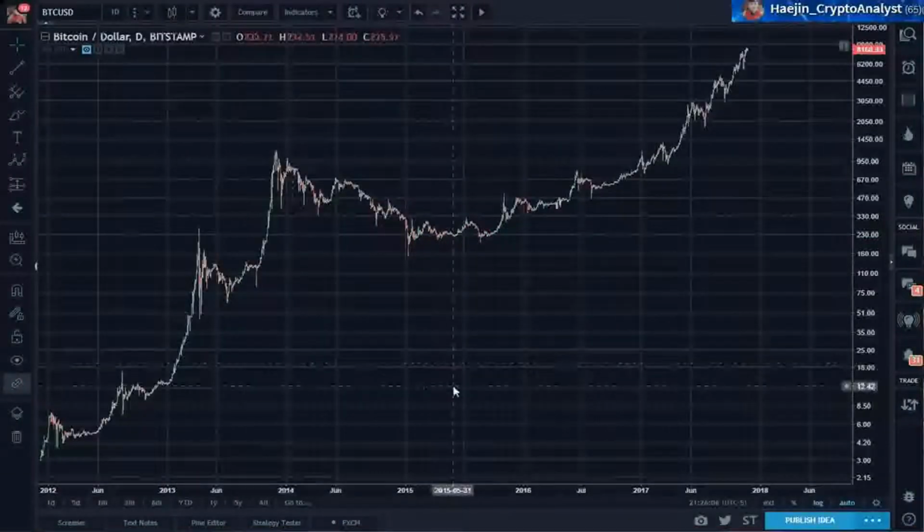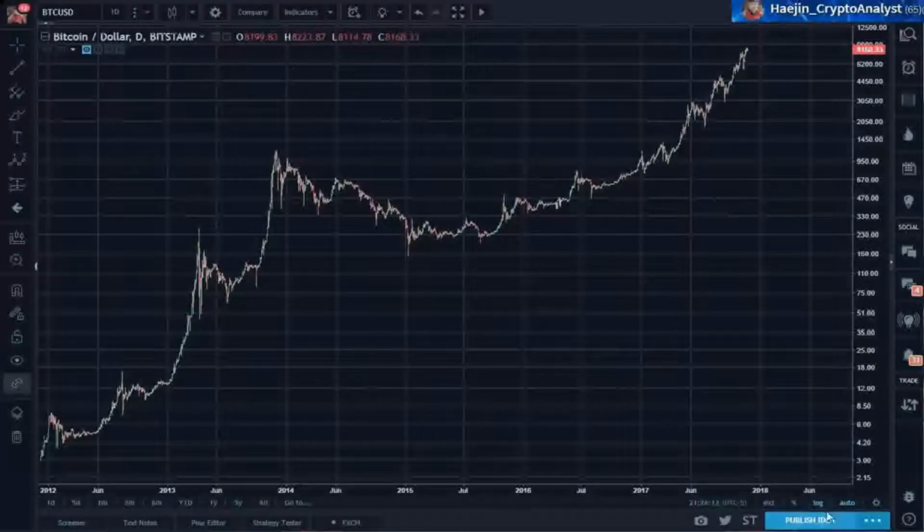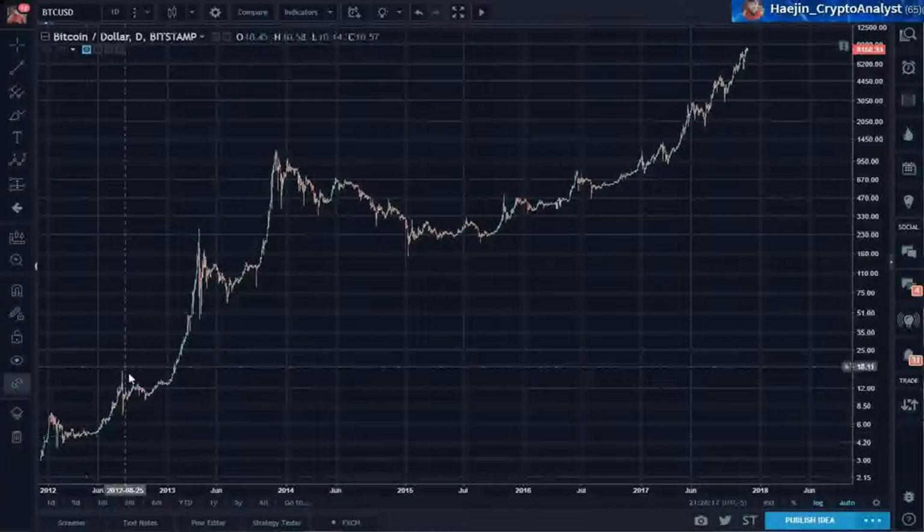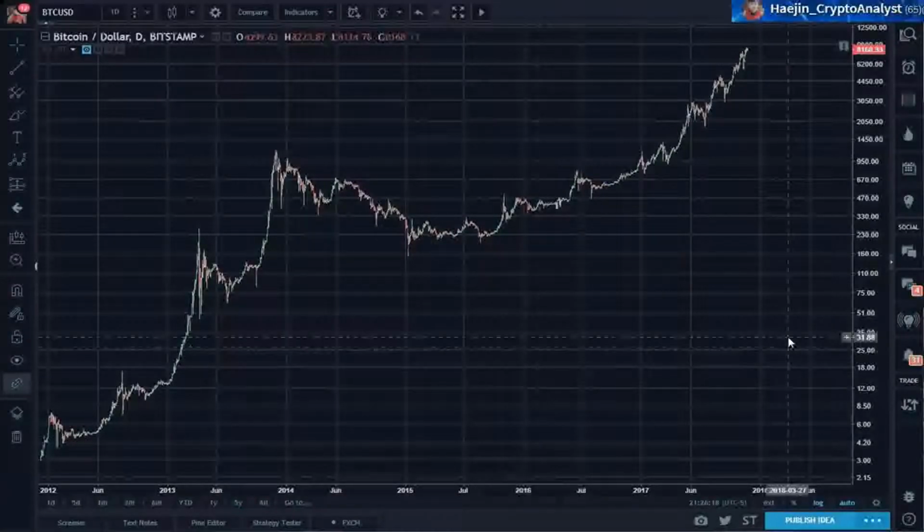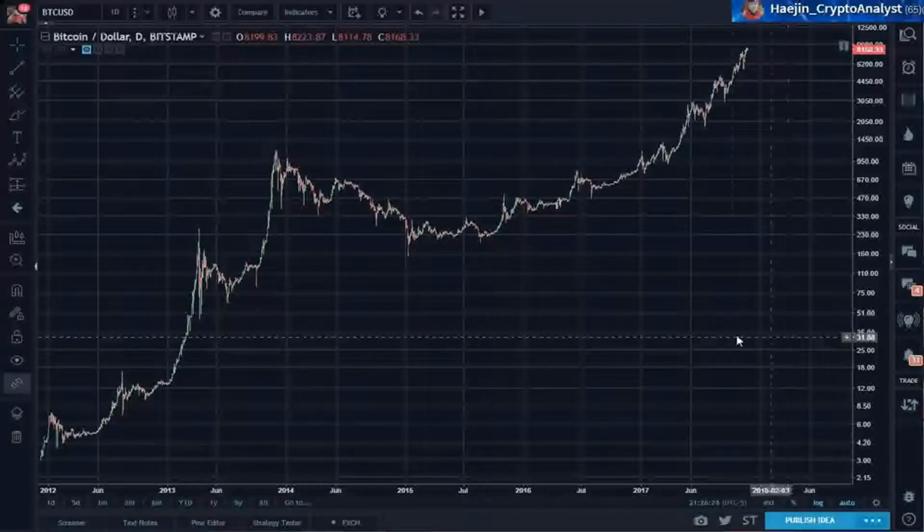Okay, now I want to go a little more long term. I have a logarithmic chart now. It normalizes the price travel a little better, especially for a longer term perspective.